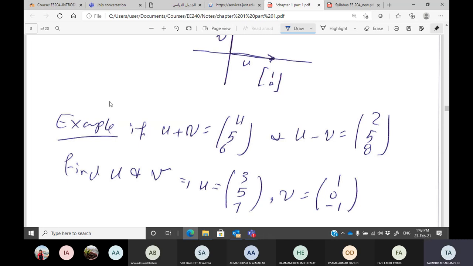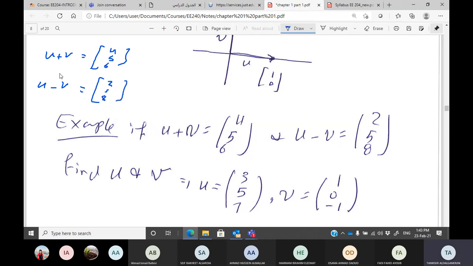In this example, it says if U plus V is (4, 5, 6) and U minus V is (2, 5, 8), find U and V. So if you add these two, U plus V equals (4, 5, 6) and U minus V equals (2, 5, 8), right?